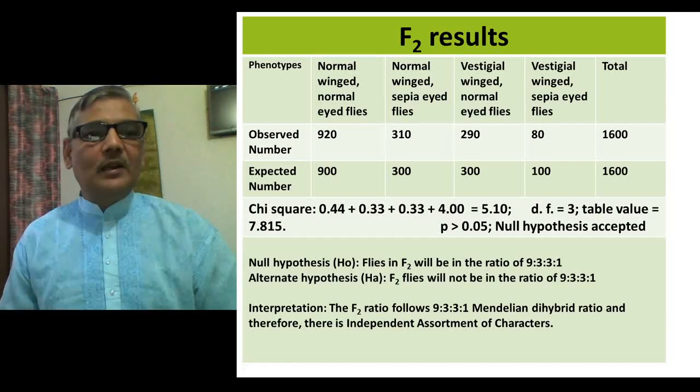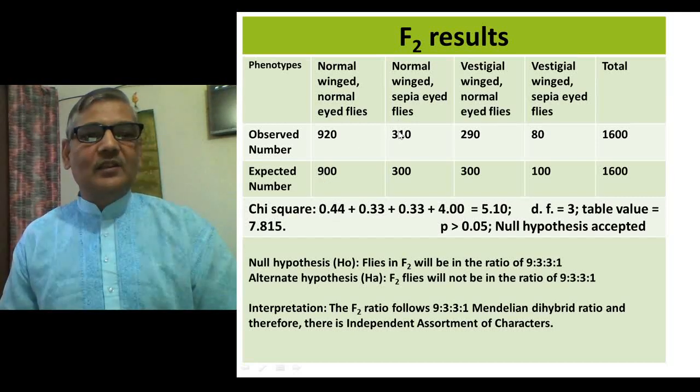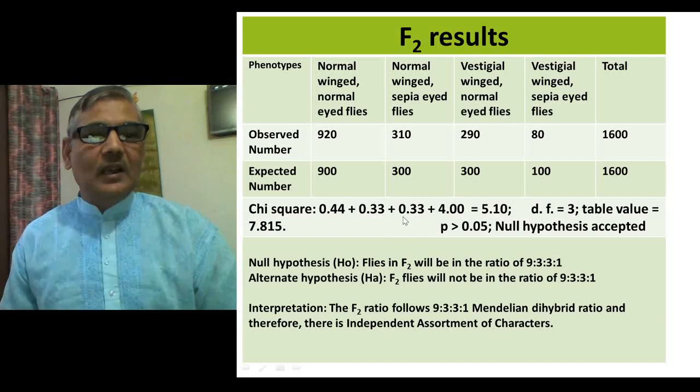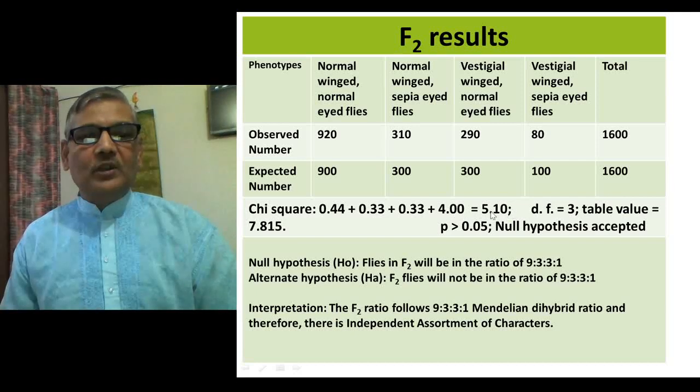This will be squared, that is 400, and that 400 will be divided by 900, so this value will be 0.44. Exactly the same way, you will calculate chi-square values for these 4 different classes, and these values come as 0.44, 0.33, 0.33, and 4. The total becomes 5.1. So this is the calculated value, 5.1.